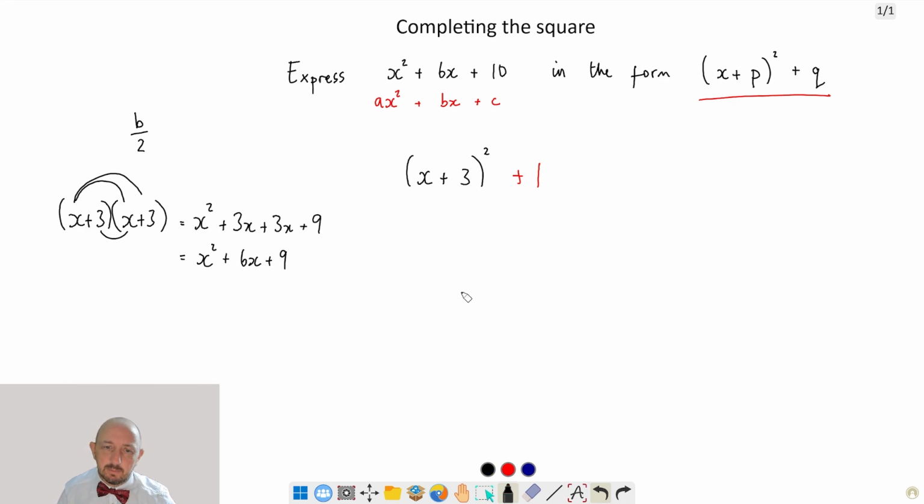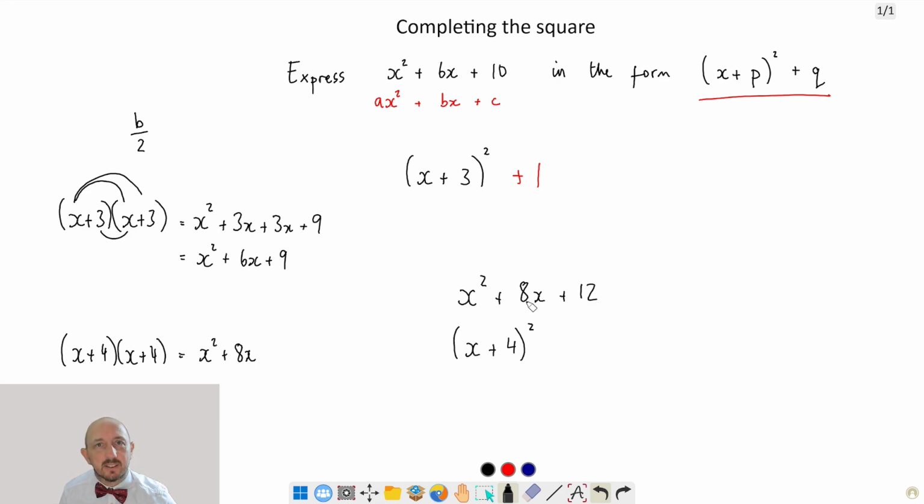Okay, let's try another one. x squared plus 8x plus 12. In that case, we're going to take the b term, which is 8, divide that by 2. That becomes a 4. So when we do that to the side, x plus 4, you'll see as you get used to this that the x squared plus 4x will become 8x, and that's why we divide it by 2, because when we expand it, we do this plus 4x twice.